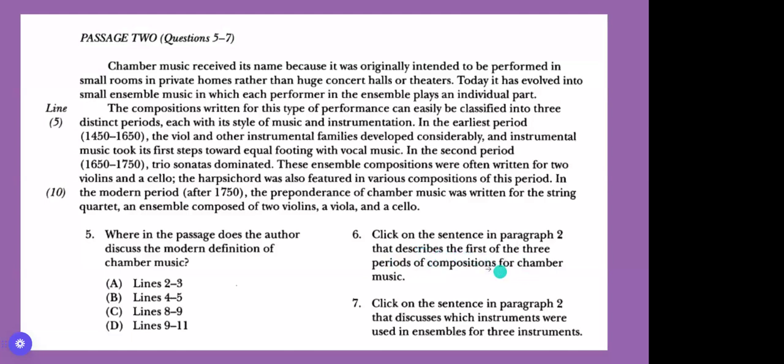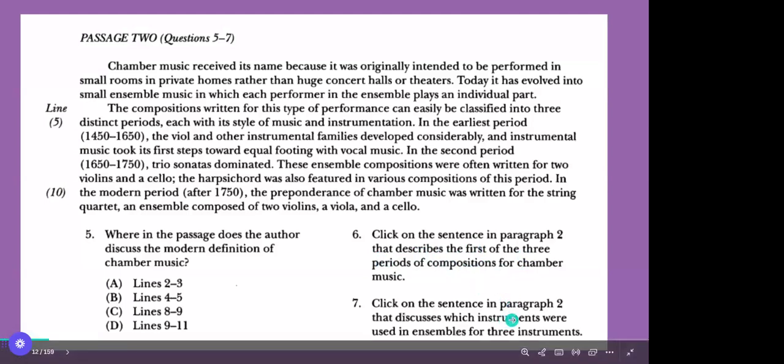So I have to look for the words period, first, and compositions. And finally, it says, click on the sentence in paragraph 2 that discusses which instruments were used. So maybe my keywords are instruments and ensemble.